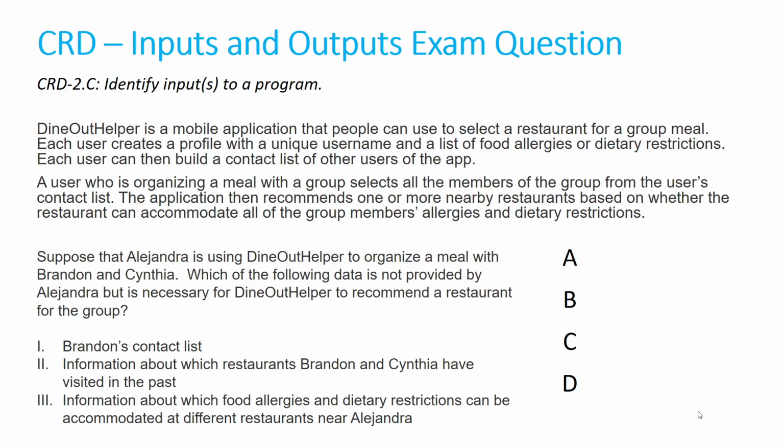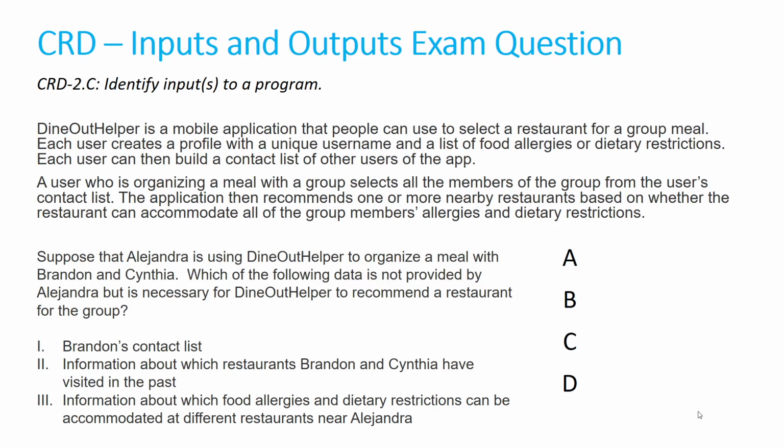So the question that you might get on an exam for this kind of topic would be this. You might have an example of an app, and it's asking you what is necessary that you would need to provide the app as input to help it make a decision. In this case, it's asking which one of these three you would need in order to provide a list of recommended restaurants.